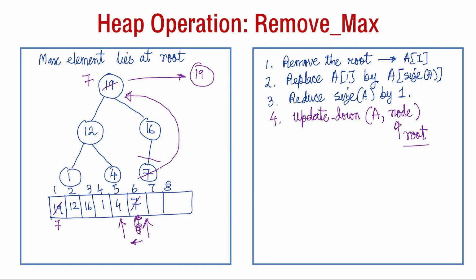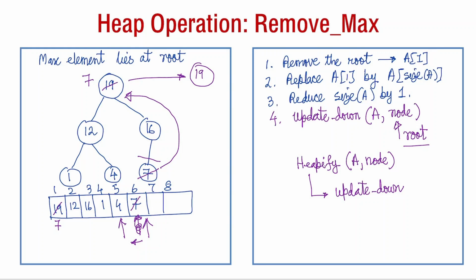But in general we can update down any value. This update down function in our algorithmic parlance is also called the Heapify a node function. So how does this update down work?